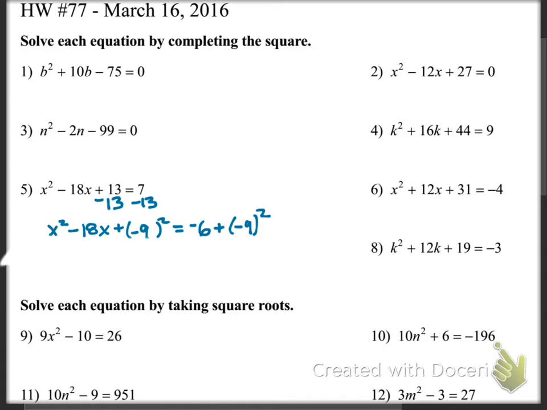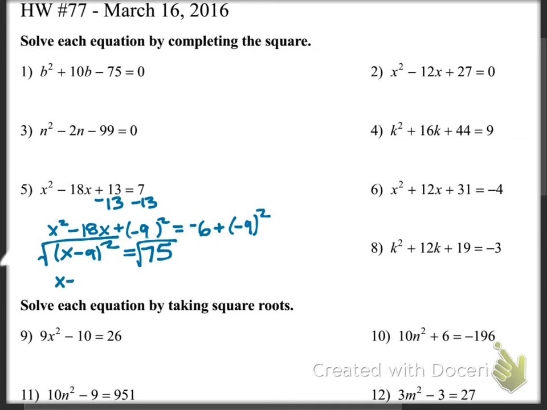Okay, so now I want to write this as a perfect square binomial, which would be x minus 9 squared. And that's going to equal, over here, negative 9 squared gives me a positive 81. 81 minus 6 gives me 75. Now I take the square root of both sides, and I set up my two equations.